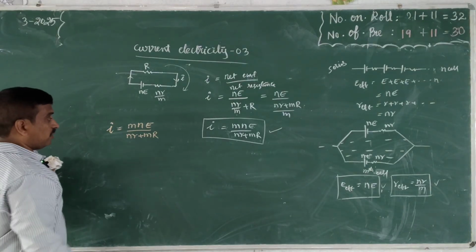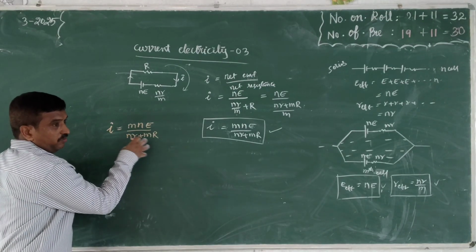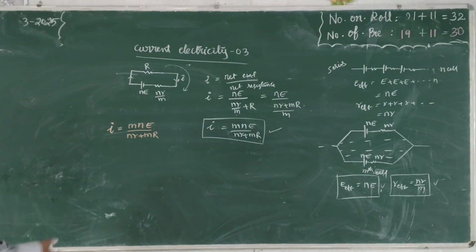See, if the denominator value is minimum, definitely I is maximum. If the denominator value is maximum, definitely I is minimum.